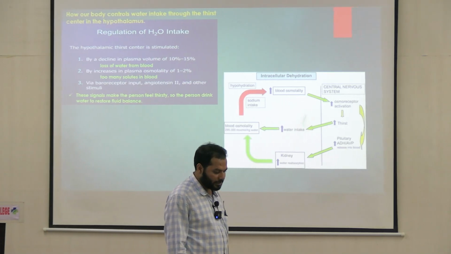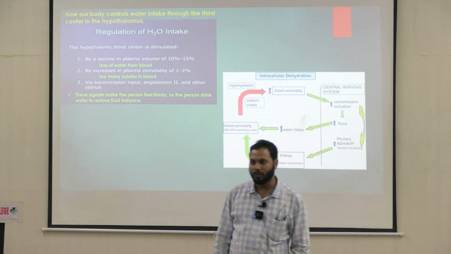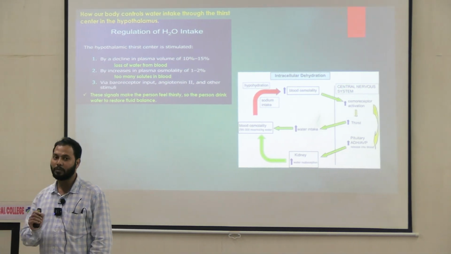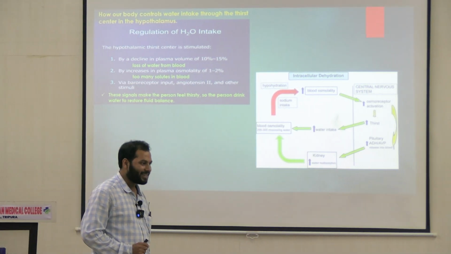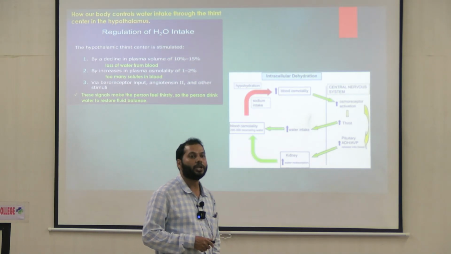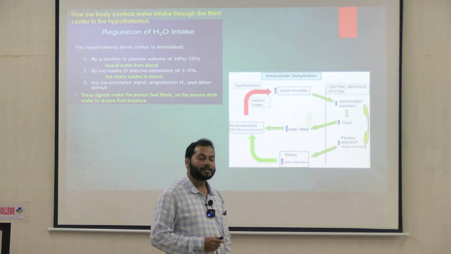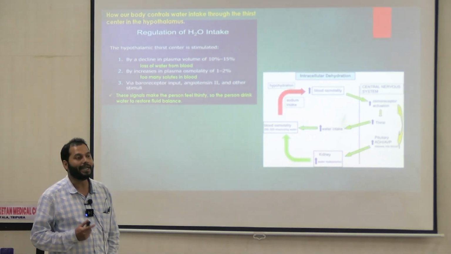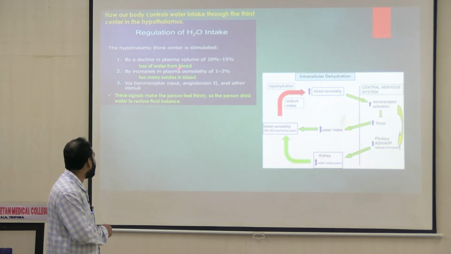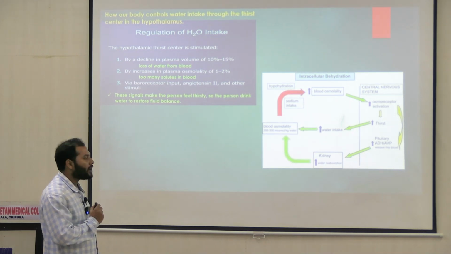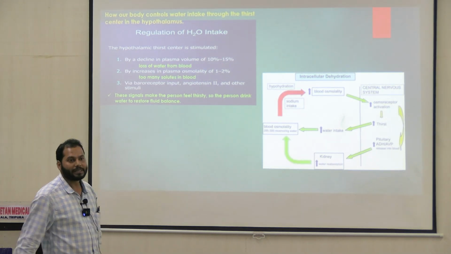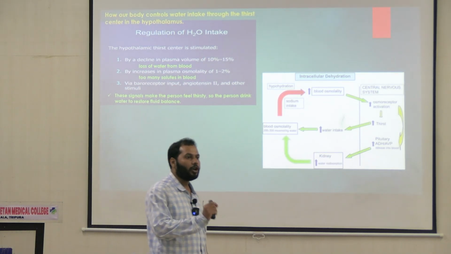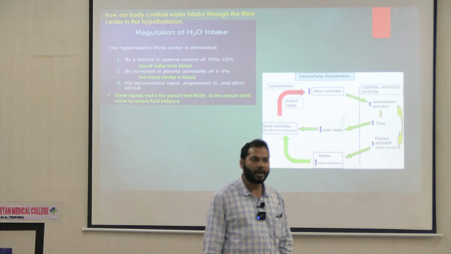since body fluid is important from a physiological point of view, the regulation of water is very vital. The question is, what are the most important points that involve the regulation of body water intake? Yes, there are certain physiological states that influence the intake of body water. The most important one, you can see, is a decline in plasma volume of around 10 to 15%. Just now we have seen the total volume of plasma is around 3 liters.